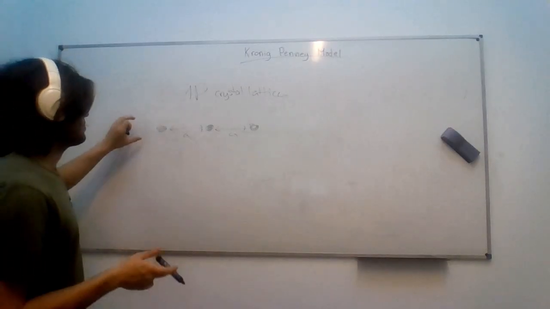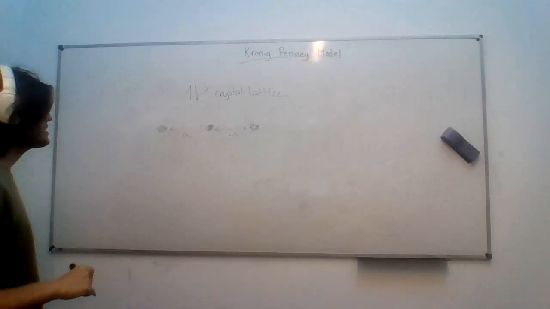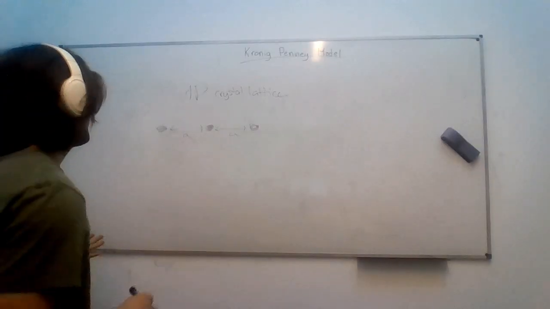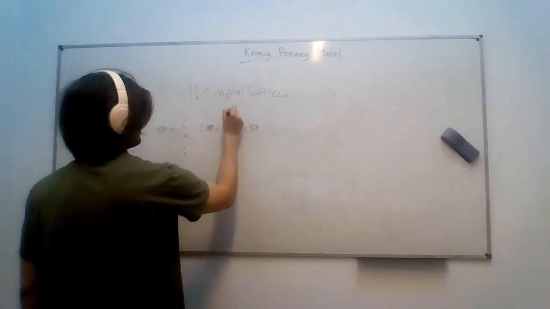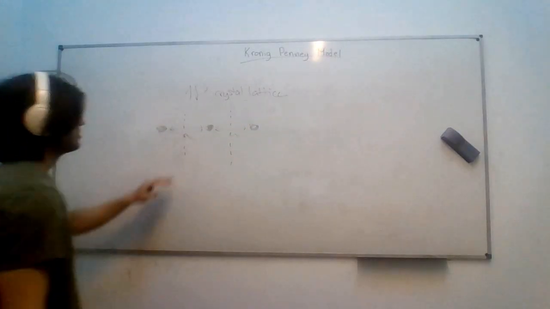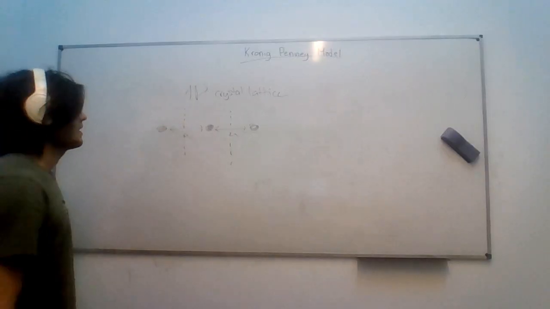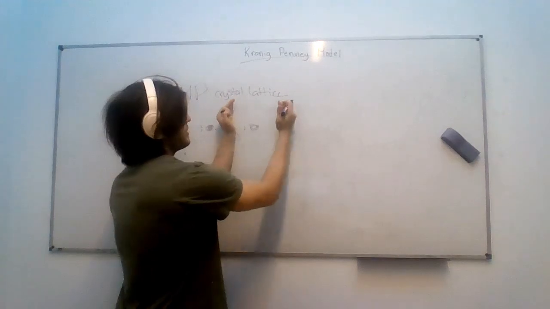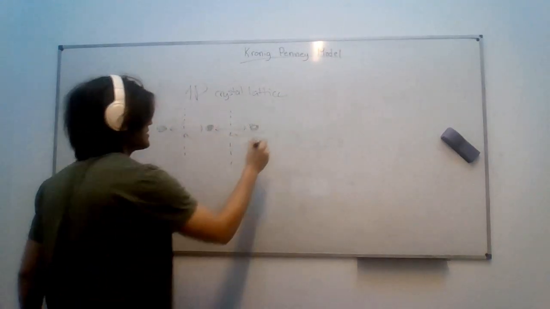Now, when you're talking about 1D lattices like this, you can notice that there's a periodic structure. If I split this distance in half between consecutive atoms, and take a look at this thing in the middle, and then copy it many, many times over, I would actually get the entire lattice back.